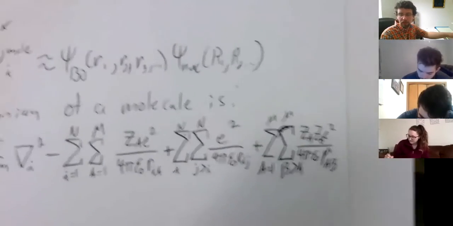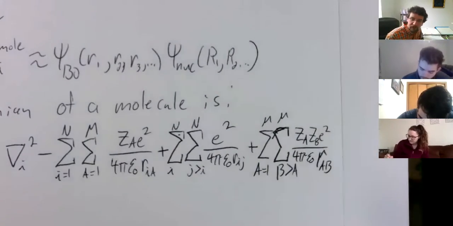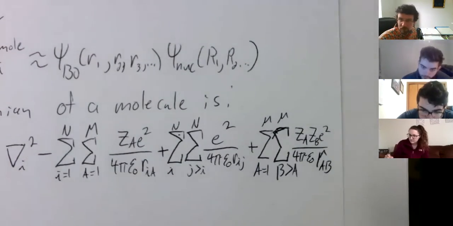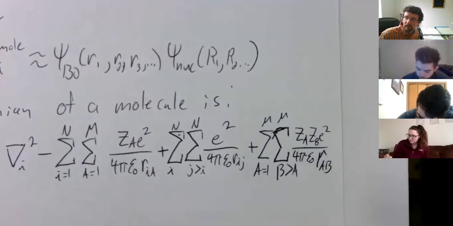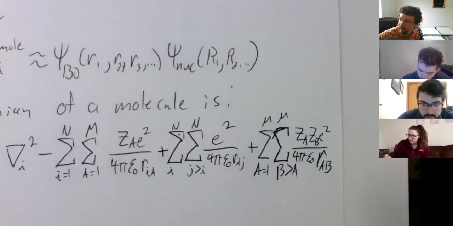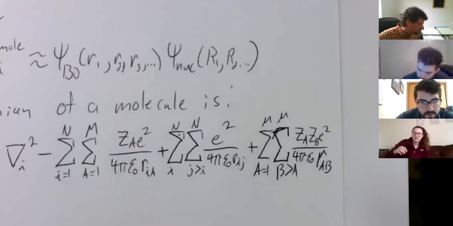Okay. Let me know when everybody's done with that last term. And we're going to zoom out and we're going to look at each of these things. Does that say M or mu?